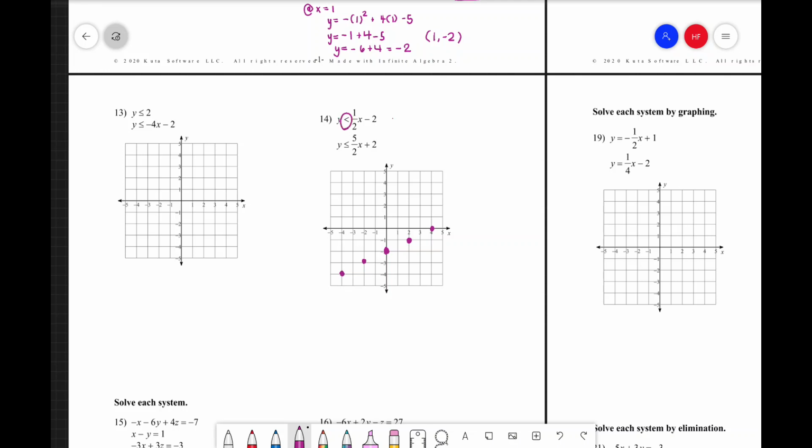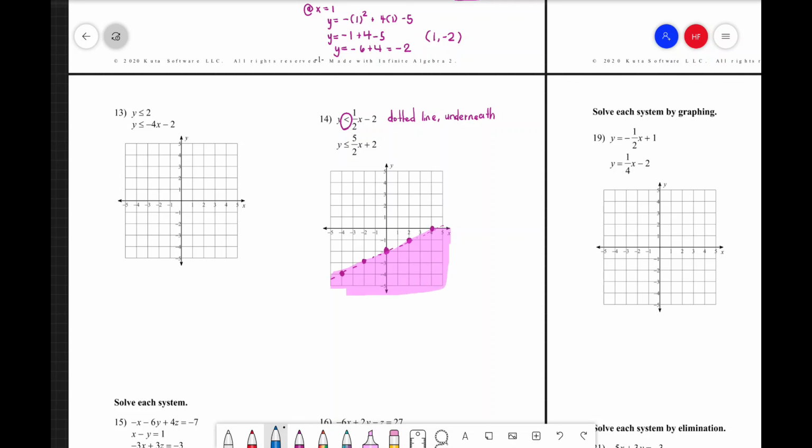No line underneath, so this is a dotted line. And it is less than, so we're going to be underneath. So we'll draw in our dotted line. We'll shade underneath.